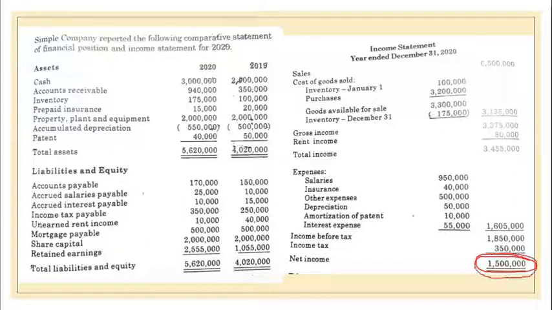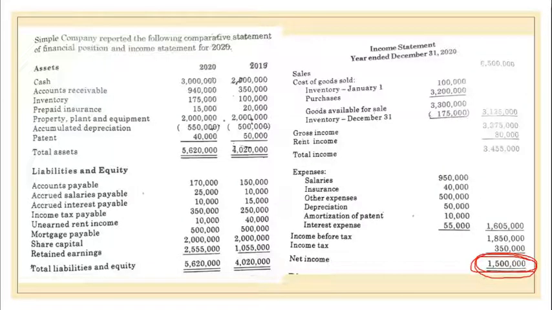In this case, it starts at 1.5 million. Now, the first guideline states that all increases in trade non-cash current assets are deducted from your net income, and vice versa if there is a decrease.